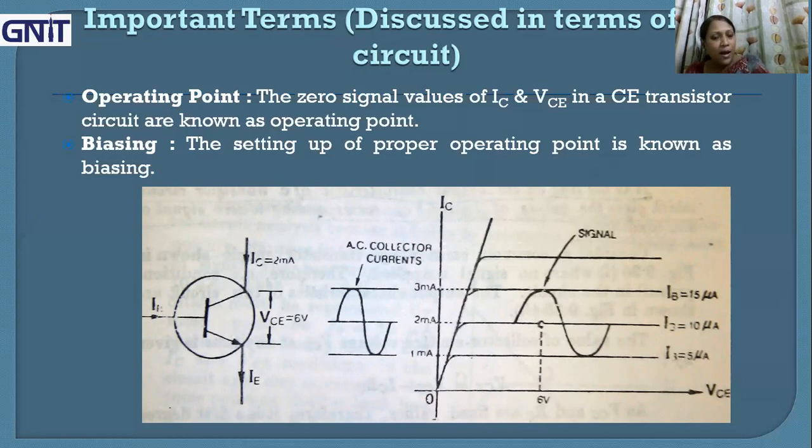So if you bias, according to your bias, operating point will move up and down. So this is the basic transistor, and this is the input signal, and this is the output signal roughly, and this is the IC versus VCE curve, that is output characteristic curve of a transistor when base current is fixed.